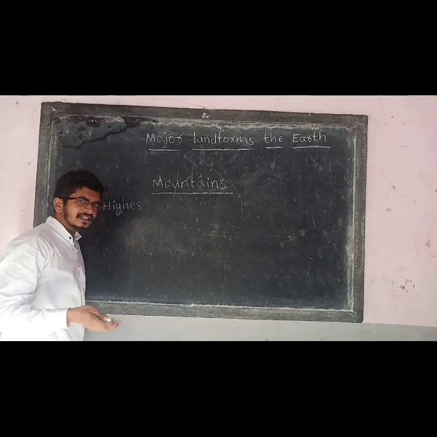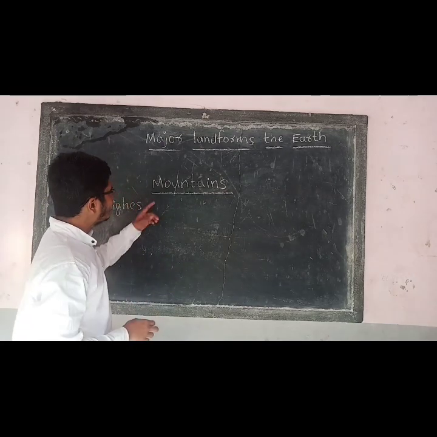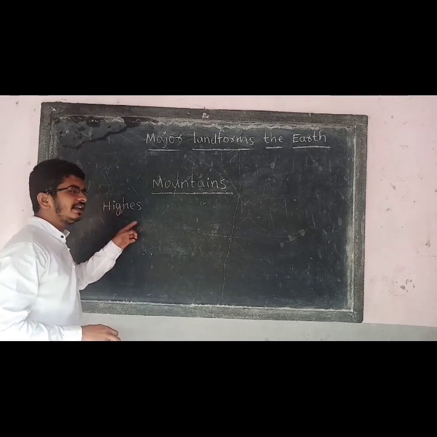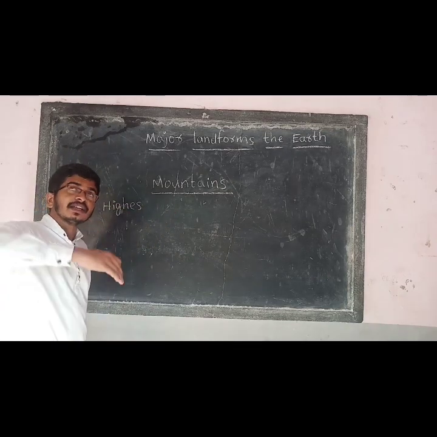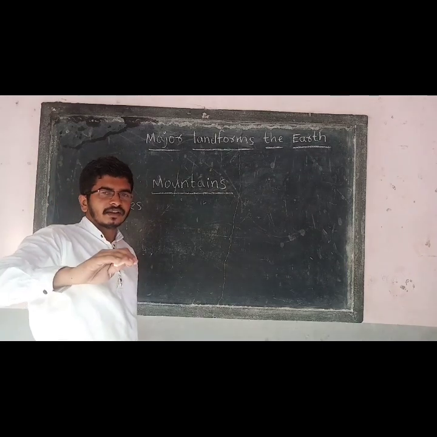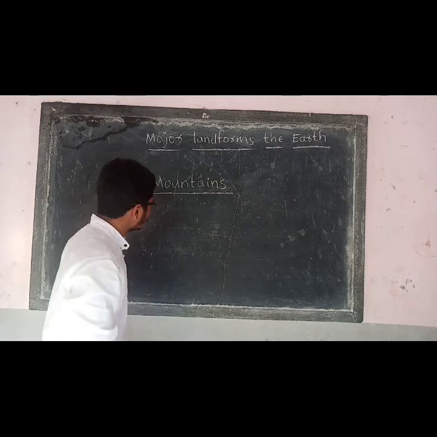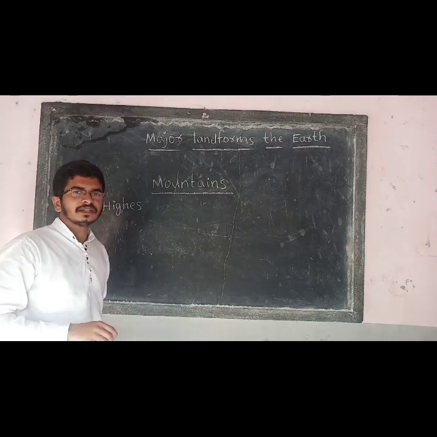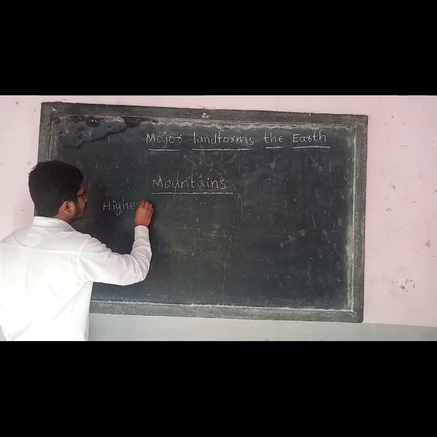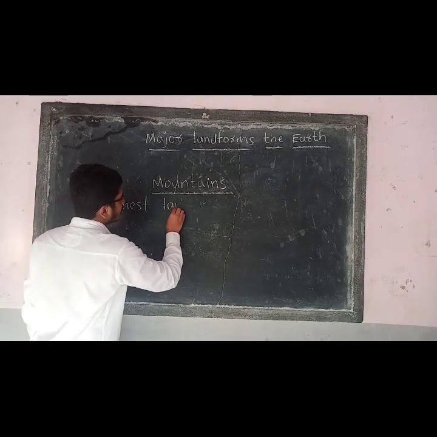For example, hills, plateaus and the remaining ones. Compared to that, mountains are the highest landforms because their size is a very high extent. You might have seen them outside, or in televisions, videos, etc. The mountains have the highest peaks. So mountains are the highest landforms of the earth.